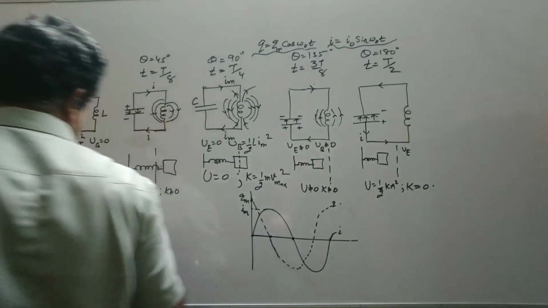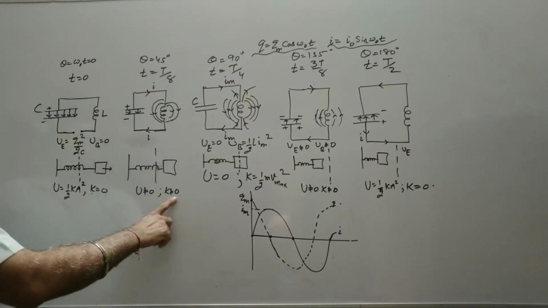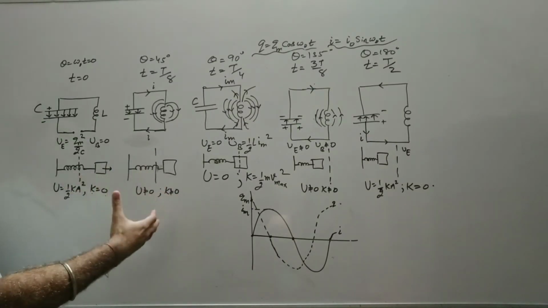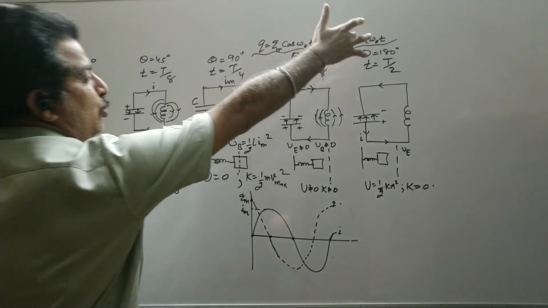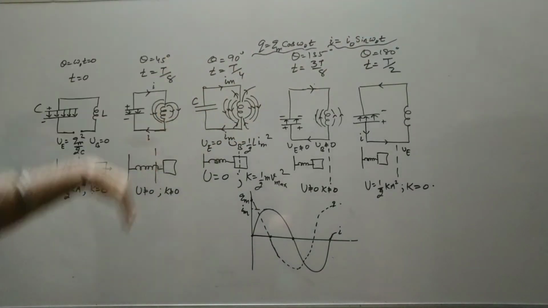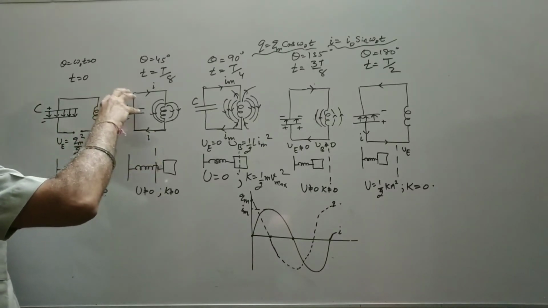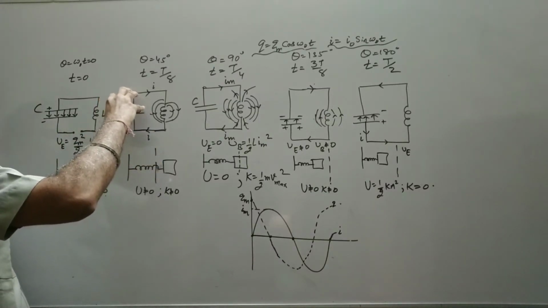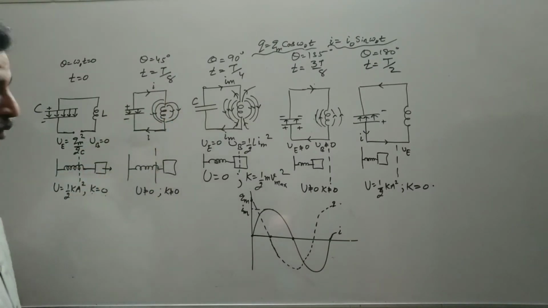So you see this, U is not equal to 0, K is not equal to 0. If we want to find out its value, you substitute cos 45, so it becomes 1 by root 2, and I becomes 1 by root 2. You can substitute this value. So half the energy will be stored in the form of electric field, and half the energy will be stored in the form of magnetic field.